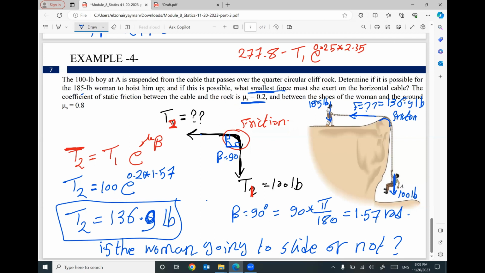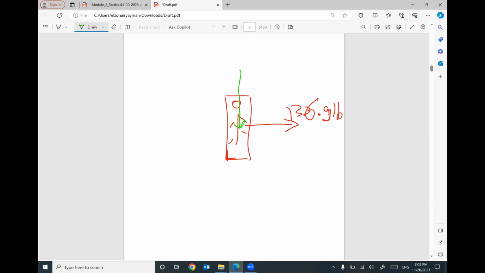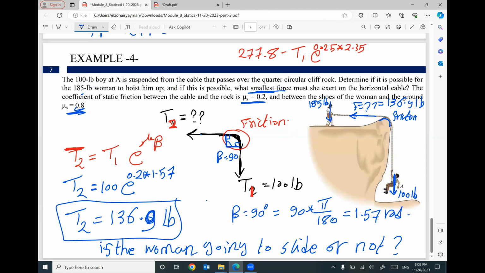The weight of this woman, 185 pound. And this woman rested on the ground surface, and we have friction between the ground surface and the woman equal 0.8.